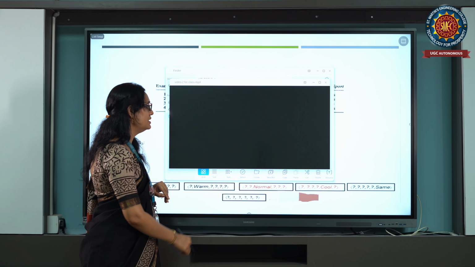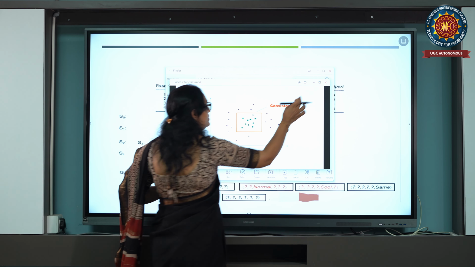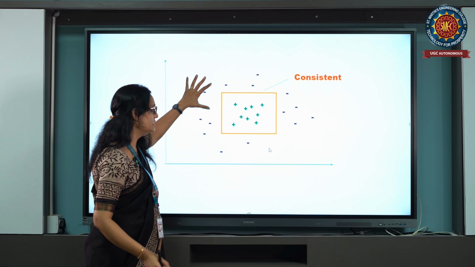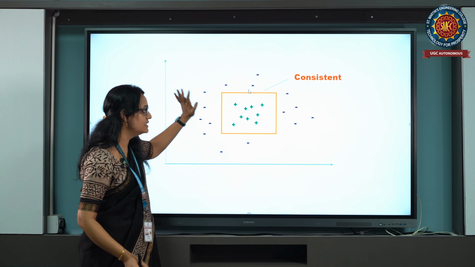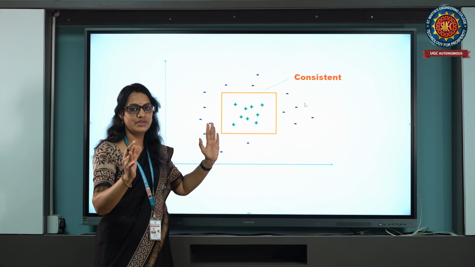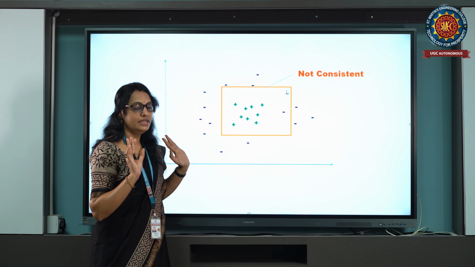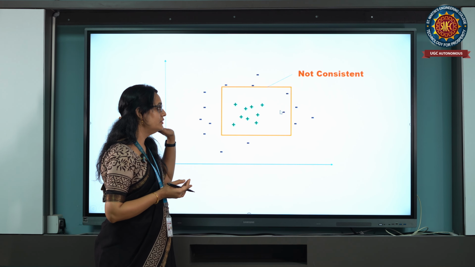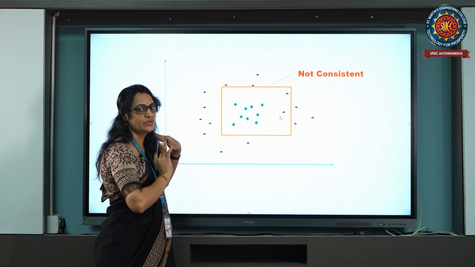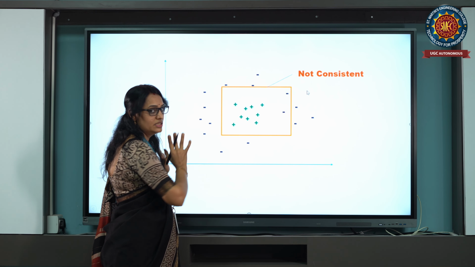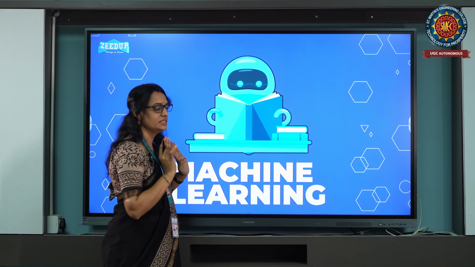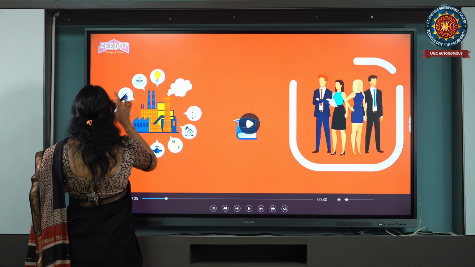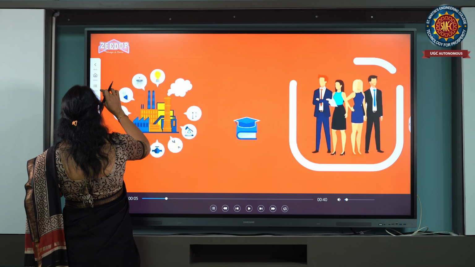The consistent hypothesis is going to separate the positive examples and the negative examples using a square bracket. Not consistent means sometimes the negative examples may come inside the square box. The square box is the version space. We have said that candidate elimination deals with the version space. Here, consistent and non-consistent. Let us go to our subject now.